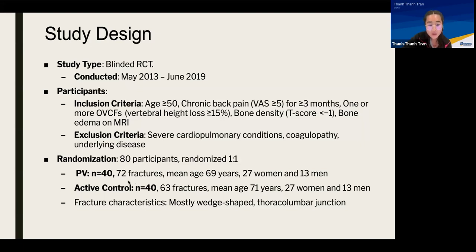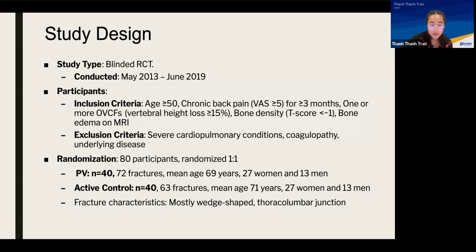In the PV group, there were a total of 72 fractures with a mean age of 69 years. There were 27 women and 13 men. In the active control group, there were a total of 63 fractures with a mean age of 71 years. And like the PV group, there were 27 women and 13 men.